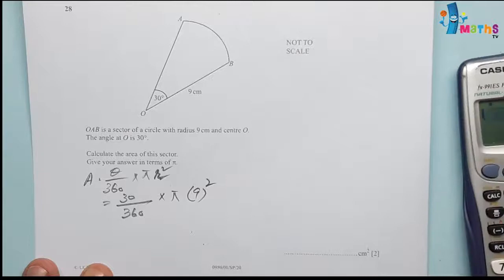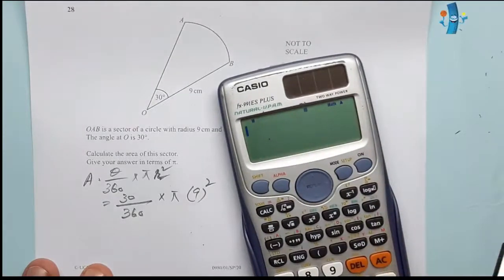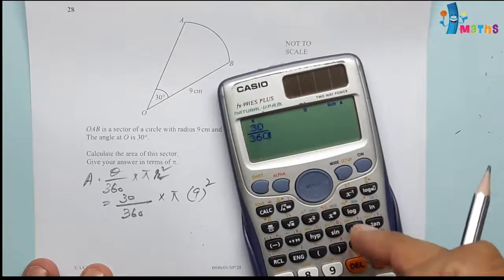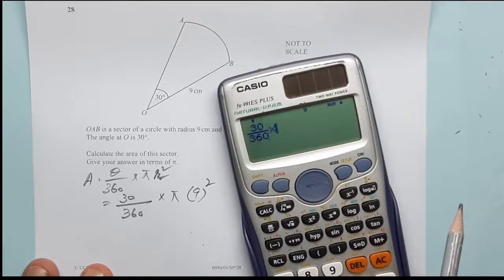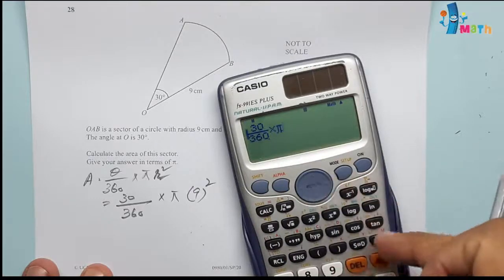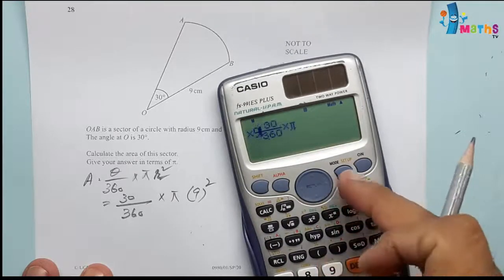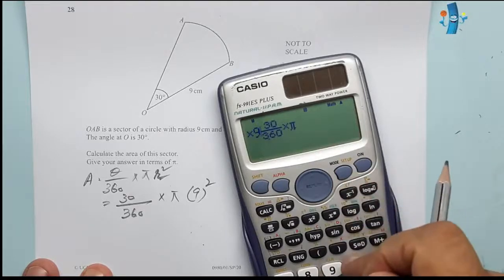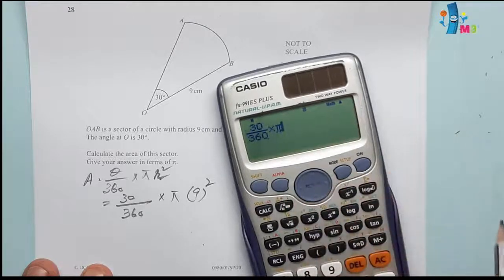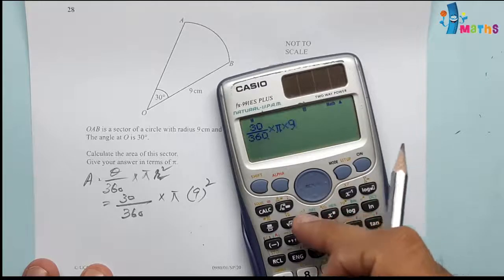So we can use a calculator to simplify, and this will be 30 over 360 into pi into 9 squared.